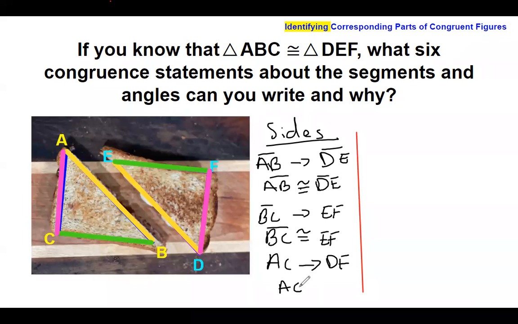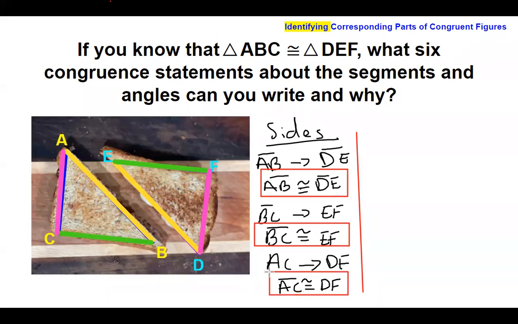Therefore, AC is going to be congruent to DF. All right. So here are my three congruence statements. Let me highlight them so you guys can see them. AB is congruent to DE. BC is congruent to EF. And AC is congruent to DF. Not too bad. All right.